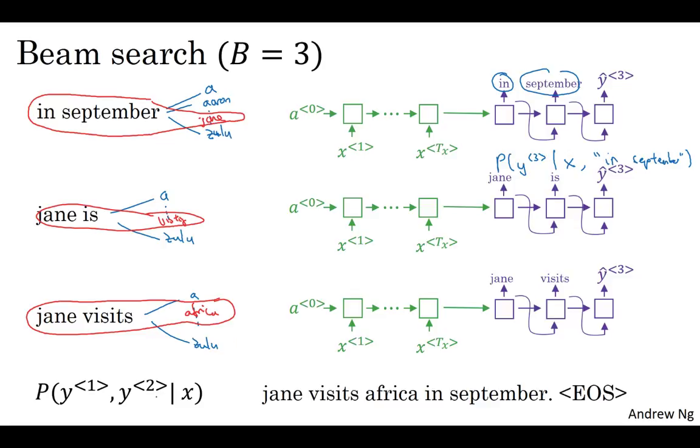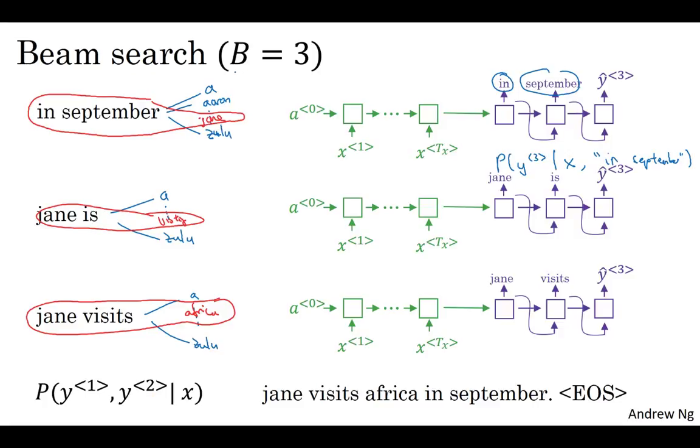And the outcome of this process, hopefully, will be that adding one word at a time, beam search will decide that Jane visits Africa in September, maybe terminated by the end of sentence symbol if you're using that in your system, which is quite common, is a likely output English sentence. And you can see more details of this for yourself in this week's programming exercise as well, where you get to play with beam search yourself.